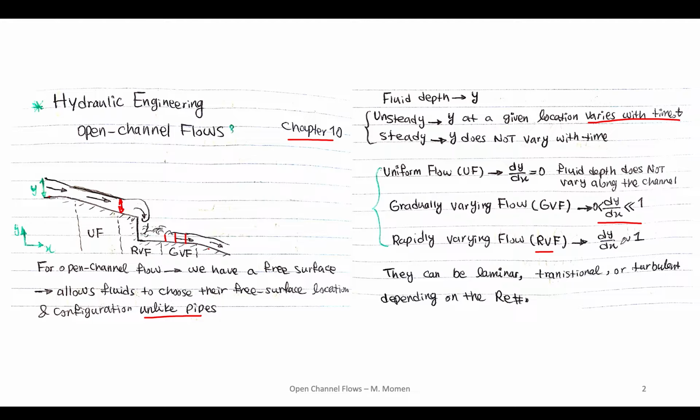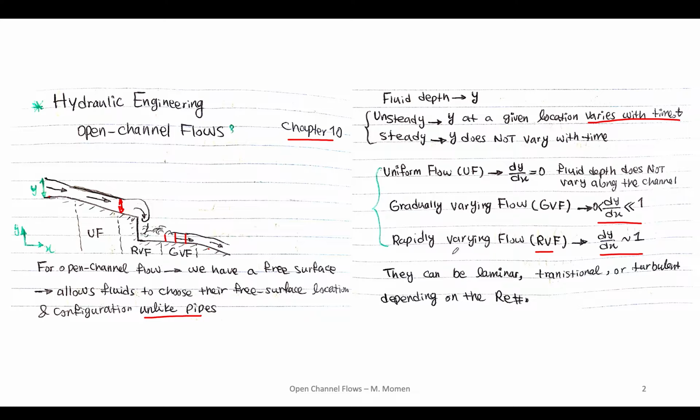Here you have a significant change in the depth. And in mathematical terms, we can say that dy over dx is almost equal to 1. So it's on the order of 1 or greater. So it's changing along the channel very rapidly.